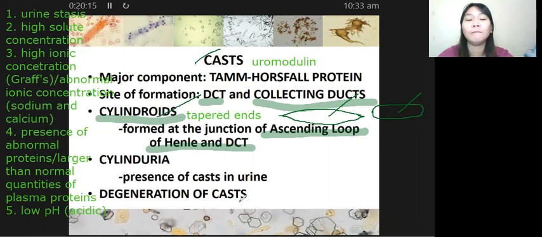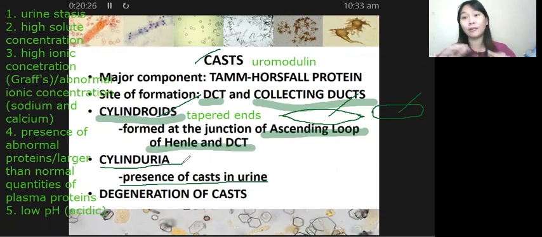Alright? Ayan. So the presence of casts in your urine, so this is referred to as your cylindruria. Oh, wag kayong maaano ha, do not be confused ha. Cylindruria po ang tawag sa presence ng casts sa urine.